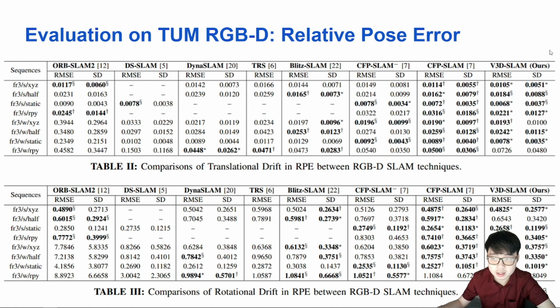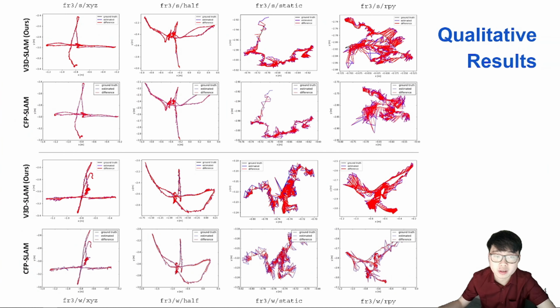In both of these errors, we achieve relatively good results compared to the most recent technique, which is CFP-SLAM. So we also chose CFP-SLAM as the method to compare against for the qualitative results. The second and fourth rows are the results from CFP-SLAM, and the first and third rows represent our qualitative results on the TUM RGB-D dataset on eight sequences.